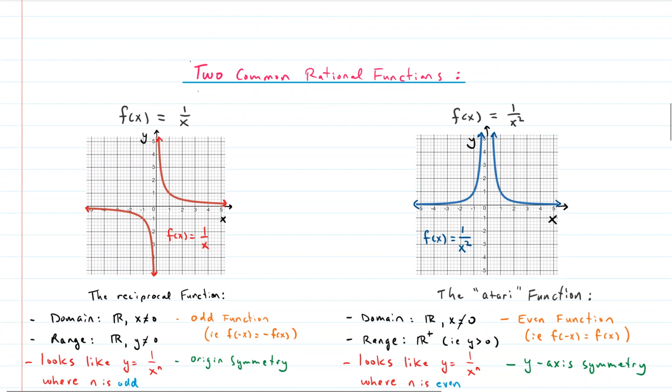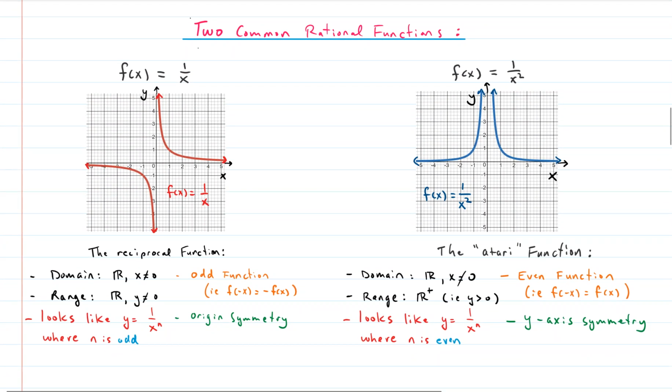And two common types of rational functions. One is the reciprocal function, y equals 1 over x. It kind of looks like it has two bow and arrows that are facing each other, both maybe shooting an arrow to the origin.